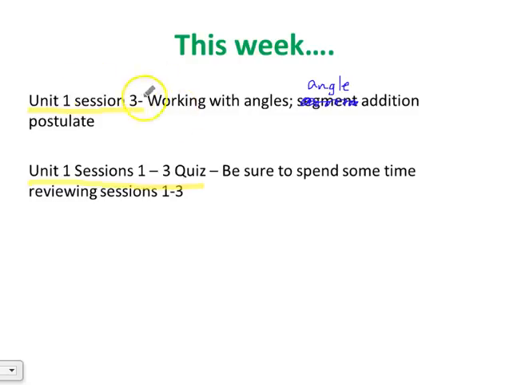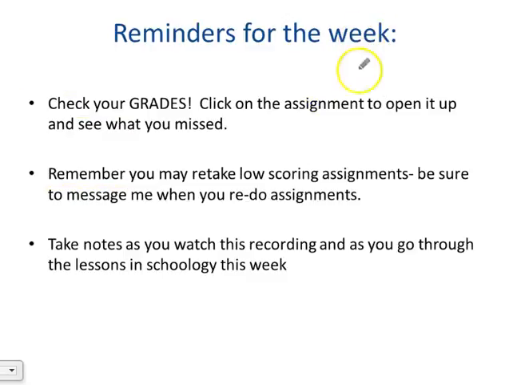So before you take the quiz, you will complete Unit 1, Session 3 this week, learning about angles, types of angles, and the angle addition postulate, and then you'll move on to take the Unit 1 quiz covering sessions 1 through 3. So just some reminders as you're working this week.